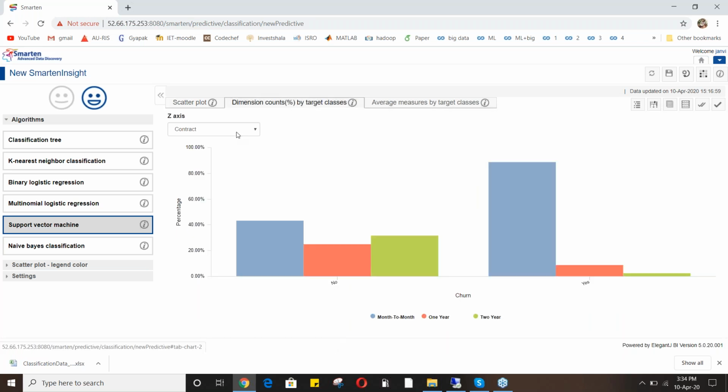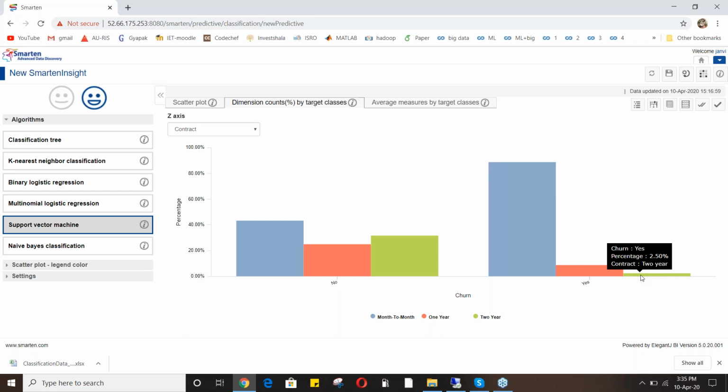Then we'll go to the contract here: month-to-month, 1 year and 2 year. So we can see that the customers who are likely to churn are just on month-to-month contracts, and there is less probability of churn for the customers on longer contracts.